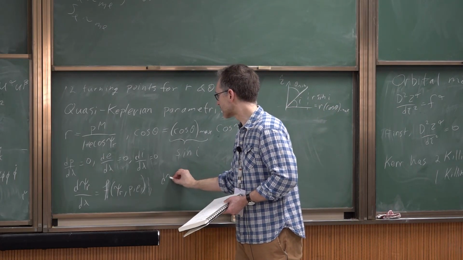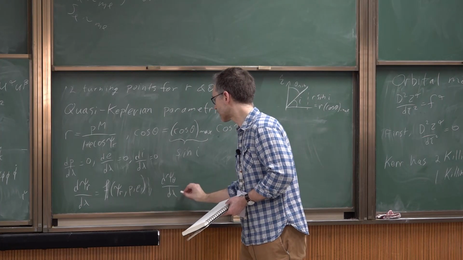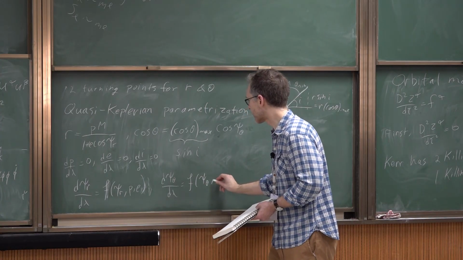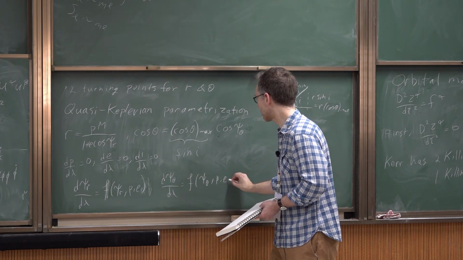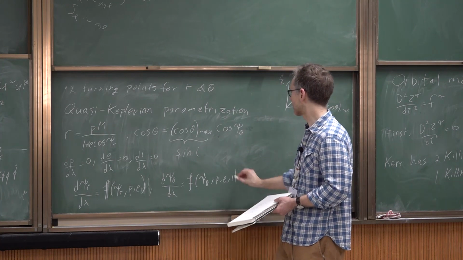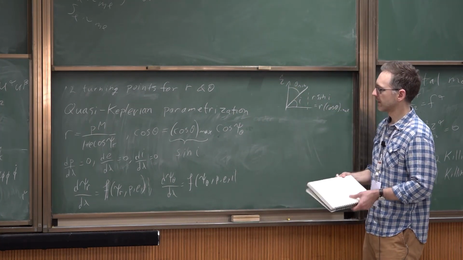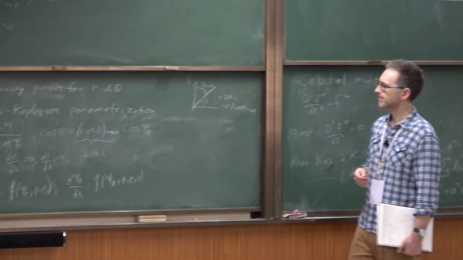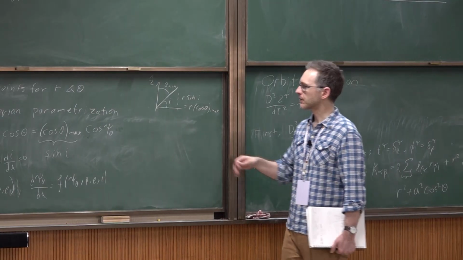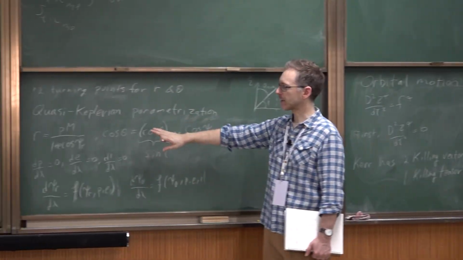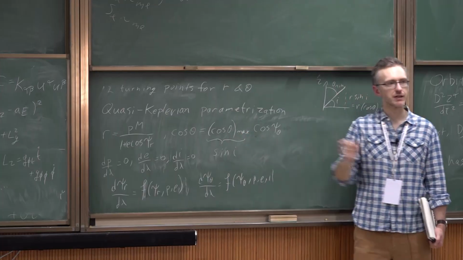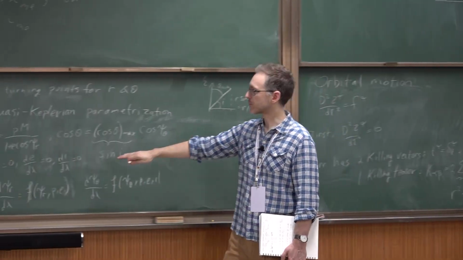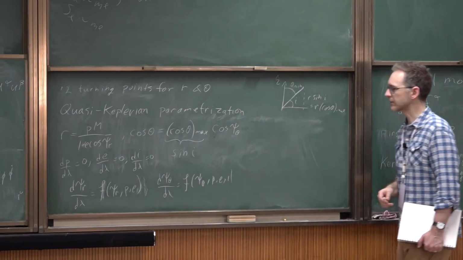And similarly, d psi theta d lambda is some function of psi theta, p, e, and I. Here everything is 2 pi periodic in these phases, psi r and psi theta. If I change either of them by 2 pi, the r motion comes back to itself, or the theta motion comes back to itself.